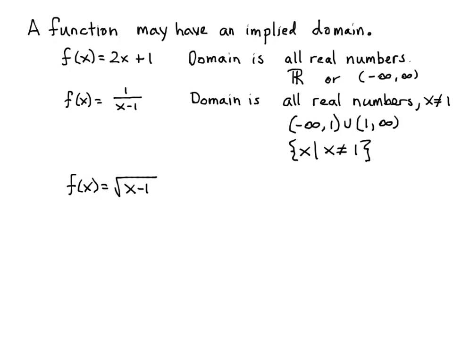Okay, so let's look at this one. f of x equals the square root of x minus 1. What's the domain of this? You ask yourself, what numbers will lead to another number if I try to evaluate them?